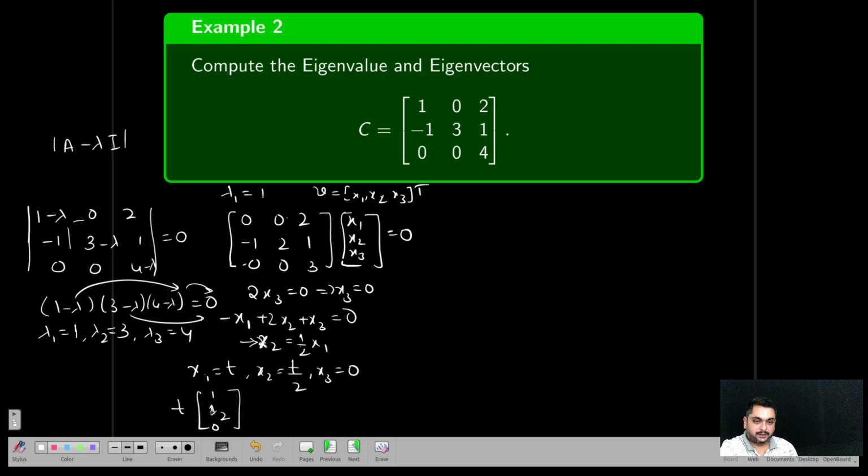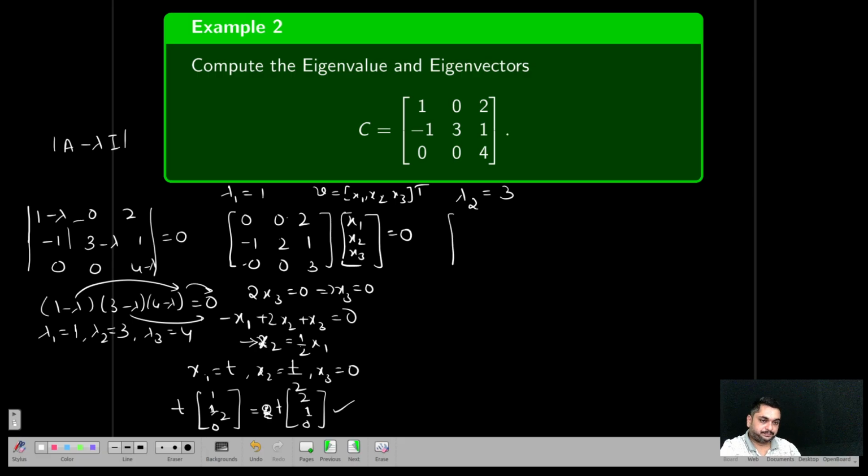If you want to make it an integer value, just multiply by 2. So it will be 2t, then 2, then it becomes 1, and this is 0. That is the eigenvector. So for lambda 2 equal to 3, again you find it in a similar way.